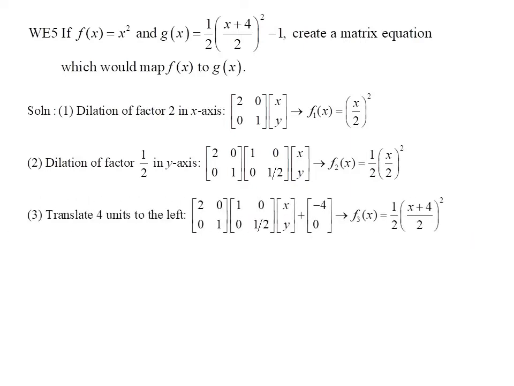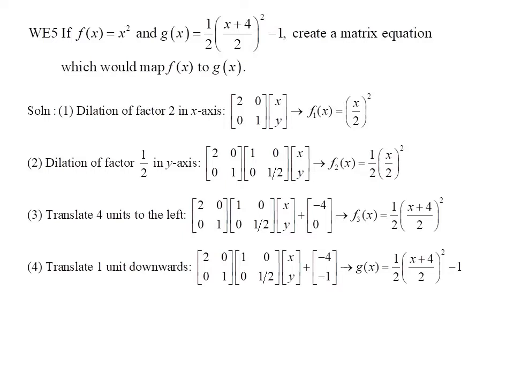The third step is to translate 4 units to the left, and the transformation is represented in a 2 by 1 matrix, where the translated value negative 4 is stated at the first row. The transformed function now becomes half times x plus 4 over 2, or in parentheses squared.